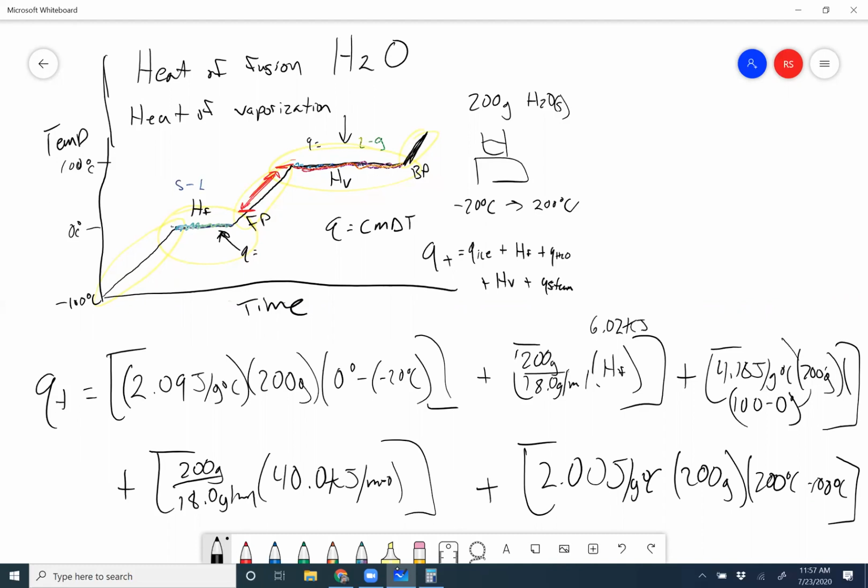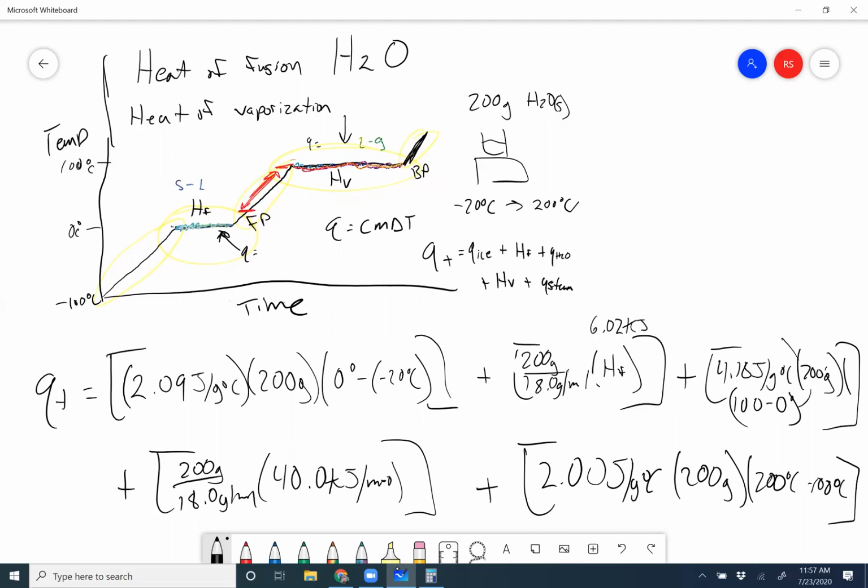But again, at the end, we're going to have to do a conversion from kilojoules to joules or from joules to kilojoules. So this is why I don't ask these things on your homework and why I don't ask them on the test. Even though your classwork has some examples of calculating these heats, don't worry about it.